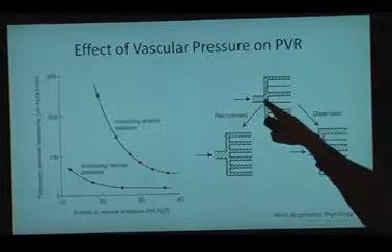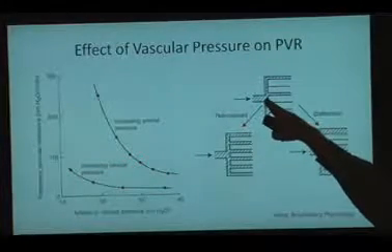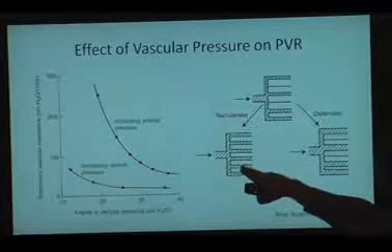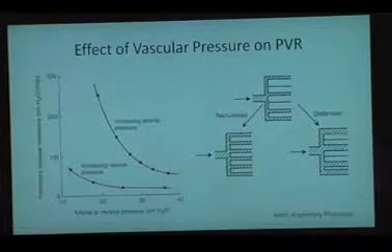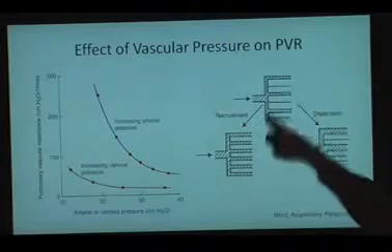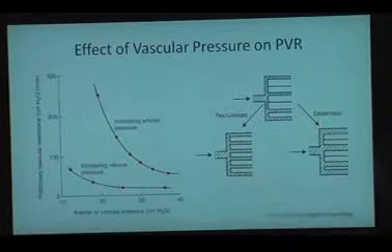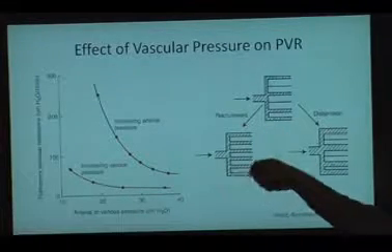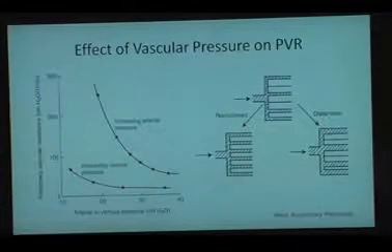Then as we increase the pressure in the pulmonary circulation, those pulmonary capillaries will be recruited. So here there are pulmonary capillaries with no blood flow that now have blood flow as a result of the increase in pressure. So there's recruitment of pulmonary vascular bed with a higher pressure.